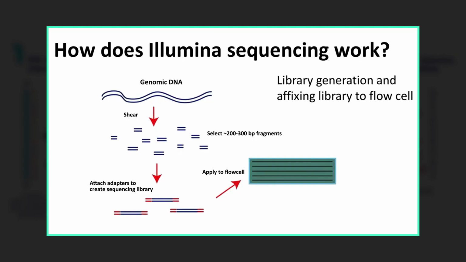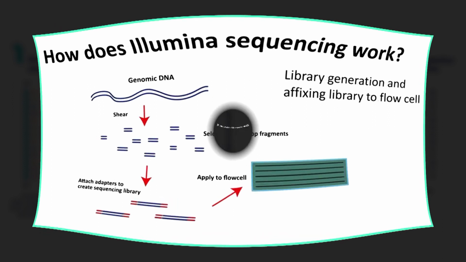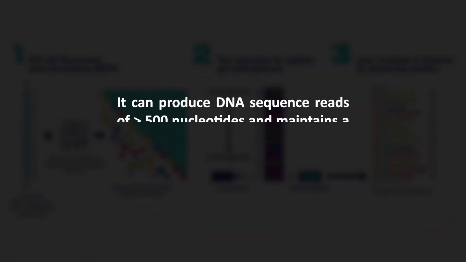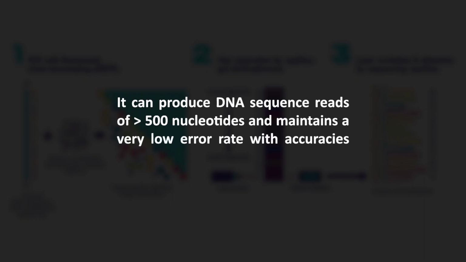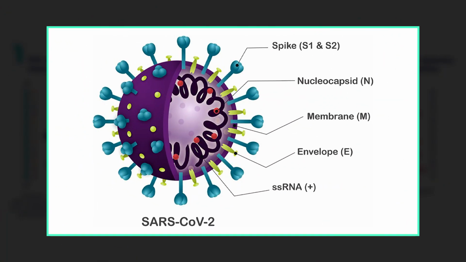It still has the advantage over short read sequencing technologies like Illumina in that it can produce DNA sequence reads of more than 500 nucleotides and maintains a very low error rate with accuracies around 99.9%. Sanger sequencing is still actively being used in efforts for public health initiatives such as sequencing the spike protein from SARS-CoV-2 as well as for the surveillance of norovirus outbreaks.